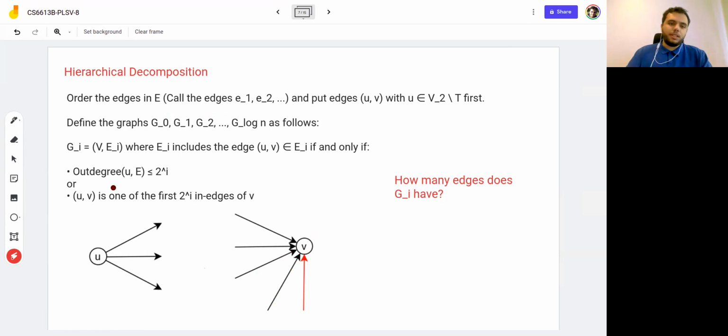and I also include this in my set EI. Okay, so can you tell me how many edges a graph GI or the set EI can have at most, based on this definition?